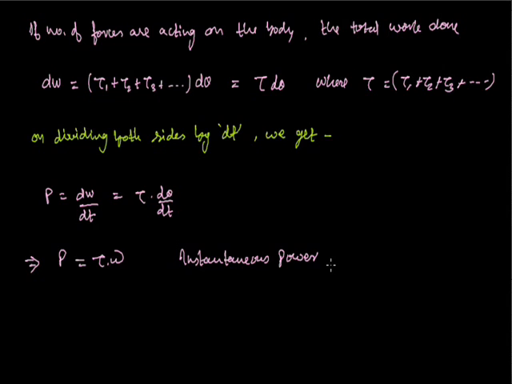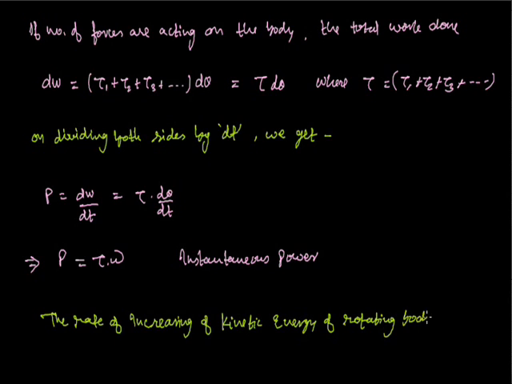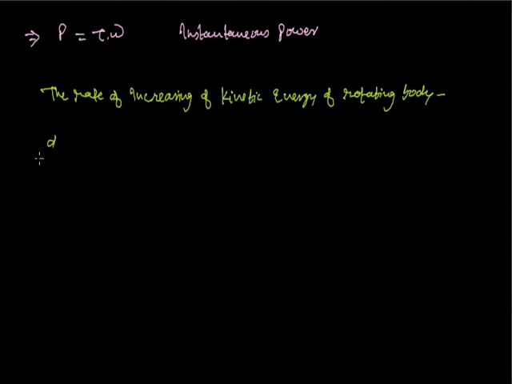So the rate at which the kinetic energy of a rotating body increases is given by d by dt of half I omega square, which equals I omega d omega by dt.